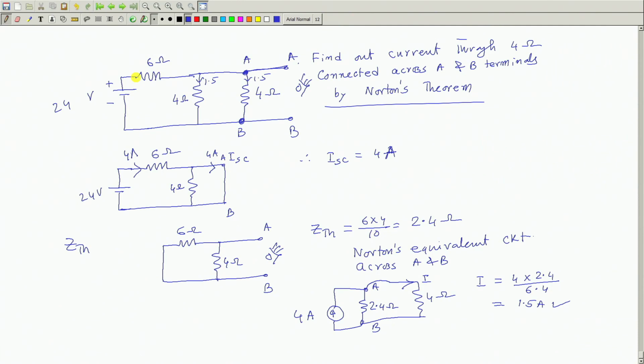So, this is how Norton's theorem can be applied. It is a very interesting statement because networks may be very complicated. Across a pair of points, any 2 points you take tapping from the network, the theorem tells that behind all these things you can always think there is a current source in parallel with some impedance, which happens to be Z Thevenins.